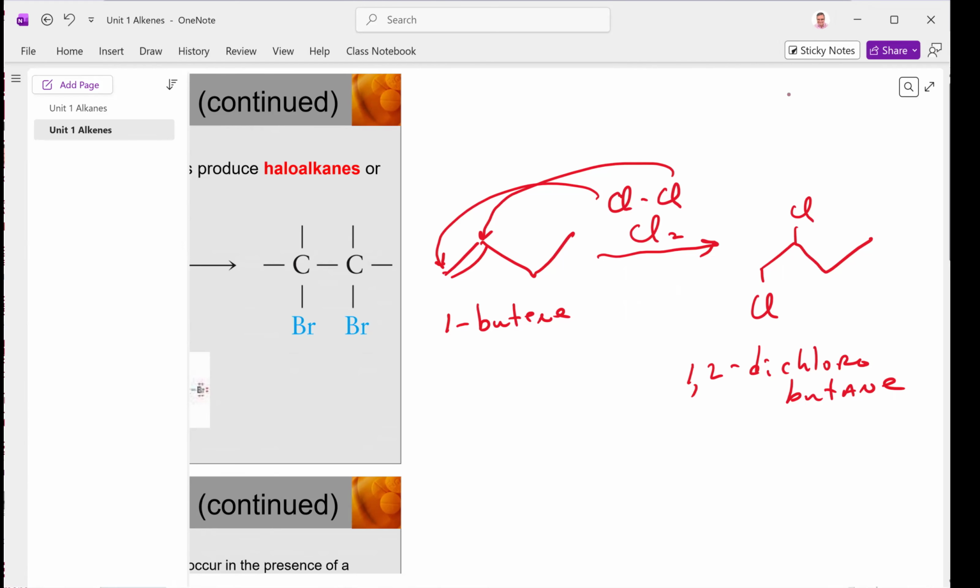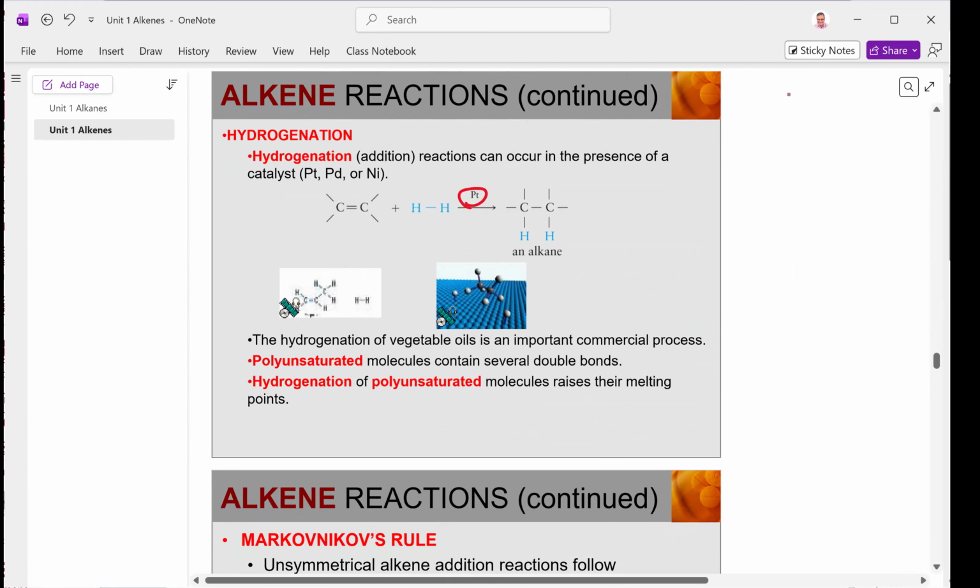There is a difference, you just can't tell the difference. Now, the only one that is a little different is when you're adding H2 across the double bond. It's a pretty slow reaction. So what they do is they add a catalyst. That catalyst is usually platinum. And platinum is even more expensive than gold right now. Gold is at $5,500 an ounce right now. Platinum's more.